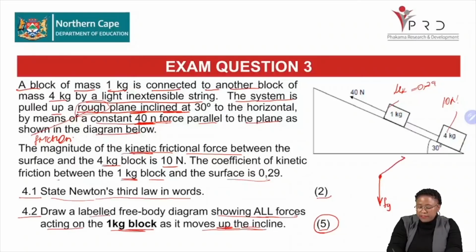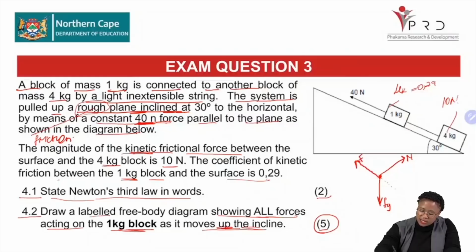Then we will have our normal force, which must always act perpendicular to our surface. Sometimes it is advisable to draw a line so that you see where your surface is. From there, you have the force of 40 newtons going up the incline.